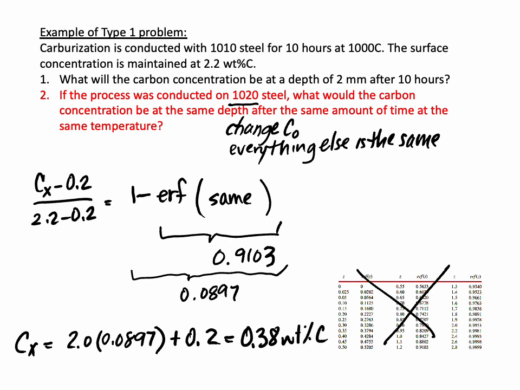So if I increase the beginning concentration from 0.1 to 0.2, I'll at the same time increase C sub x from 0.29 to 0.38 weight% carbon. And I don't need to use the error function table because I changed a value on the same side of the equation as my original unknown. I changed that value.